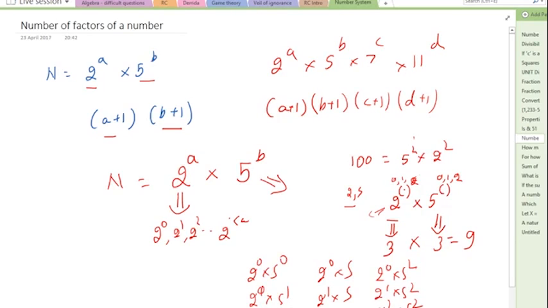I know a lot of you have already done all this and you know all this, but still we need to cover it because some people might not have. So these are the 9 factors if you need them. One of those factors is always 1, when all powers are 0. So sometimes you might be asked what would be the factors removing 1, then you just subtract 1 from there.